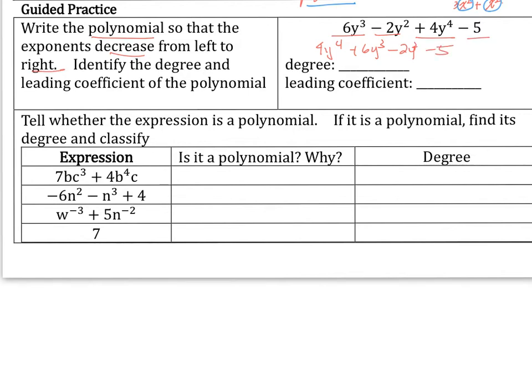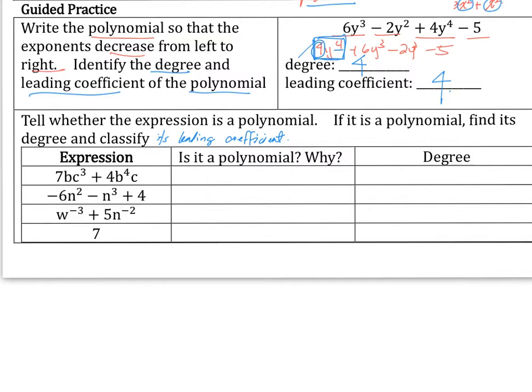Now to identify the degree of this polynomial, we look at the term with the greatest exponent, which is 4y to the 4th power. So 4 would be your degree. And to identify the leading coefficient, we would also look at the first term here with the greatest exponent, and 4 will be your leading coefficient as well.